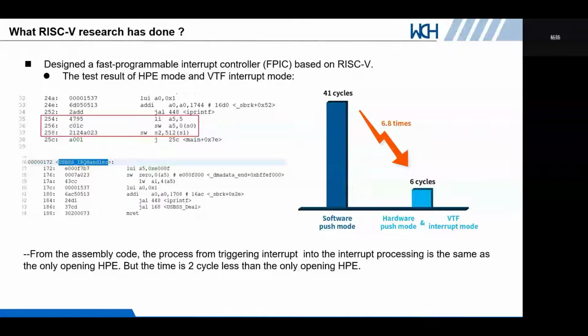In our USB 3 and Gigabit Ethernet applications, because the hardware stack and the VTF interrupt mode are turned on, the communication transmission efficiency is significantly improved. The interrupt response rate is 6.8 times that of the software stack mode.